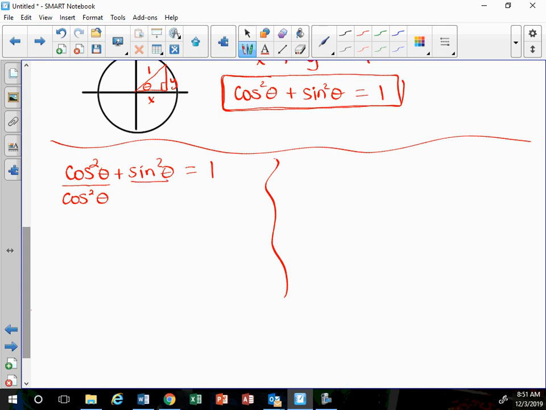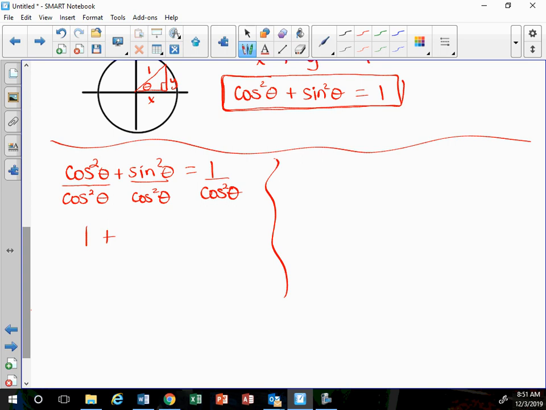Is that okay? Like, can I do that? I'm not changing the value, right? Because I'm doing it to every term. Let's think about what we have left. What is cosine squared over cosine squared? 1, right? Okay.